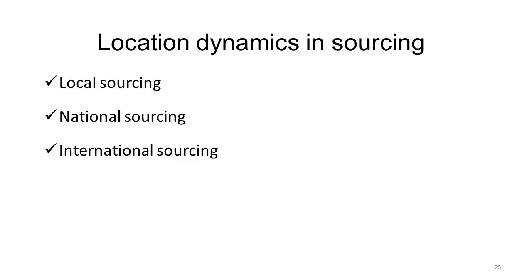Then the prices are going to be great, the options, the varieties are going to be great, the deliveries are going to be great, but you will not be able to monitor it or control it because they are beyond the national boundary. So as the location changes, the dynamics also change.